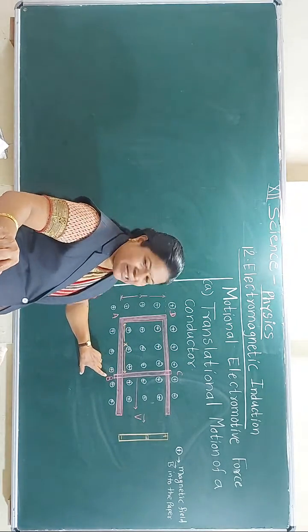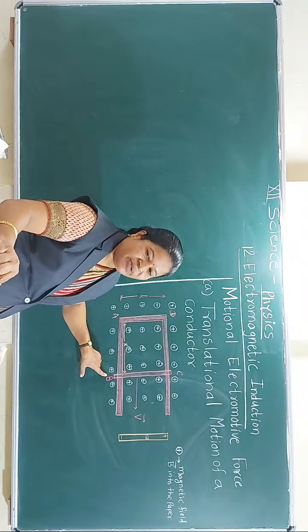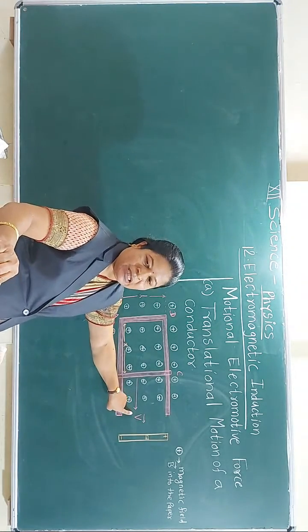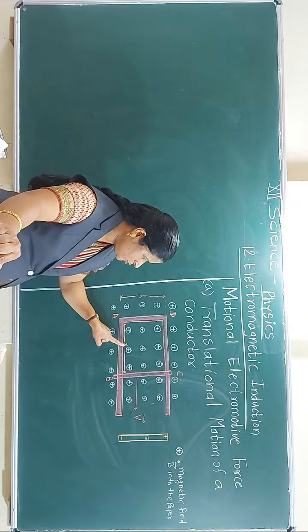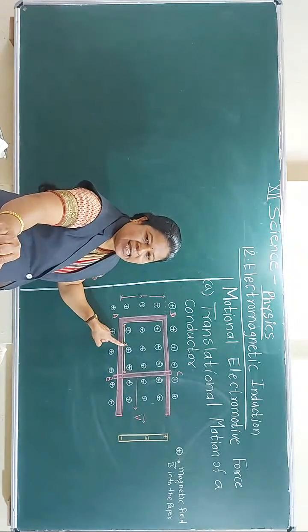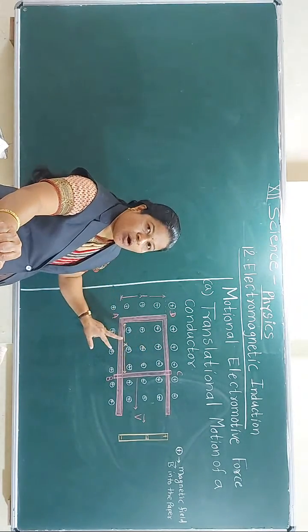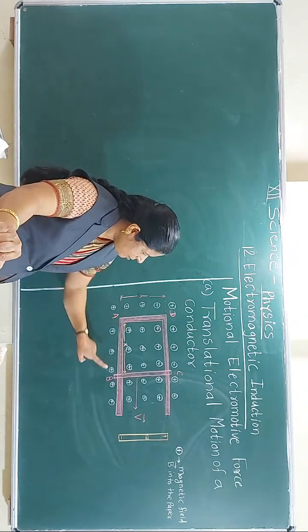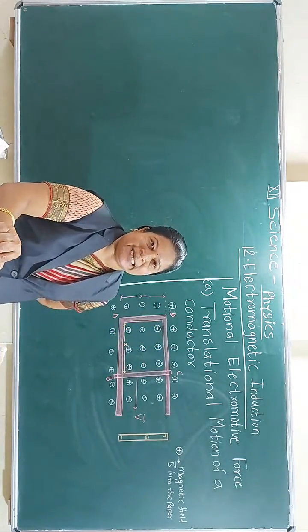As the wire BC of length L is moved out with a velocity v to increase x, to increase this distance x, the area of the loop A, B, C, D also increases.